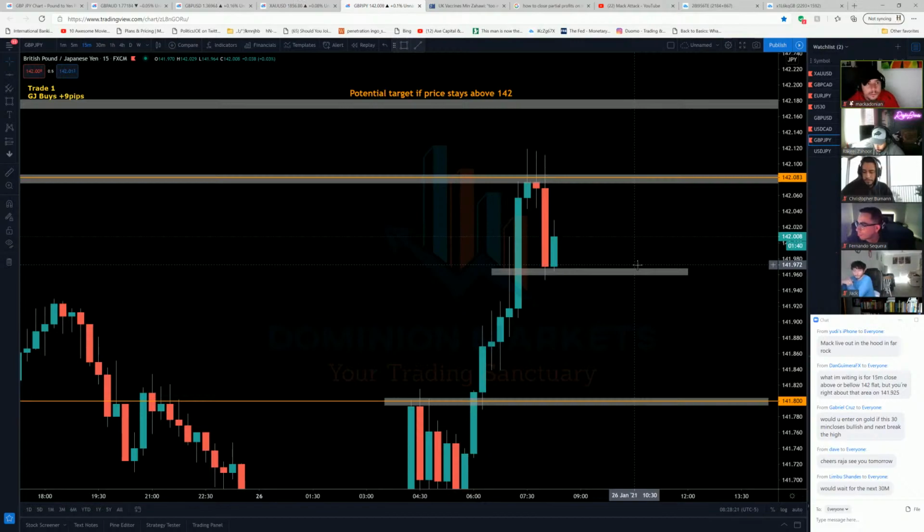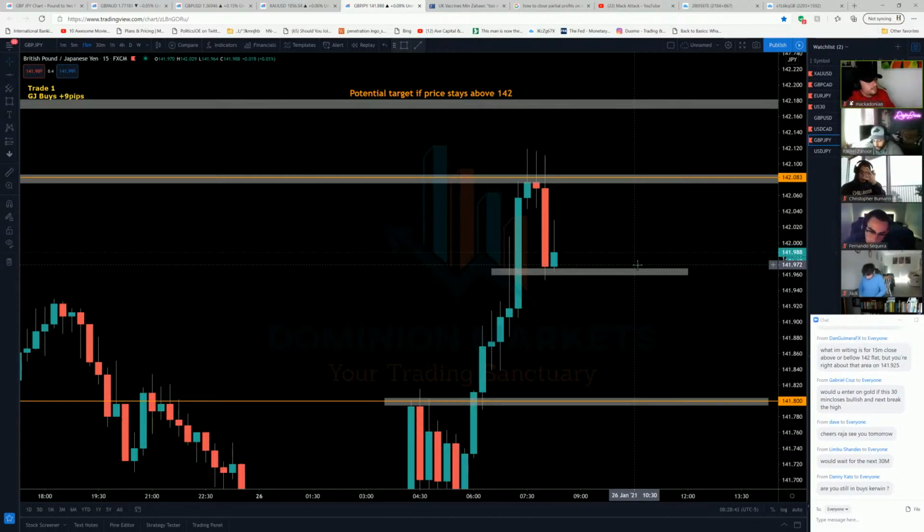But at this point, it's dangerous. If we start breaking above 142.03 somewhere there, and any candle starts closing above that area, then you're expecting to respect support, which is 141.960.